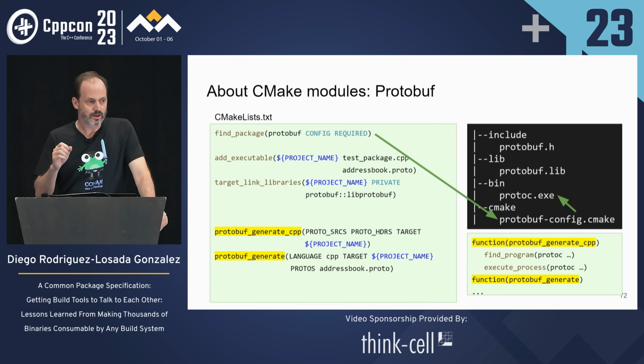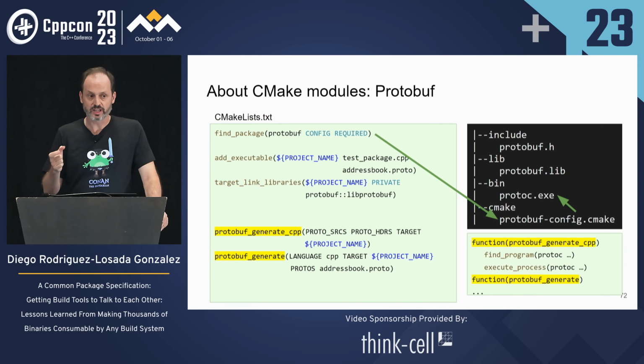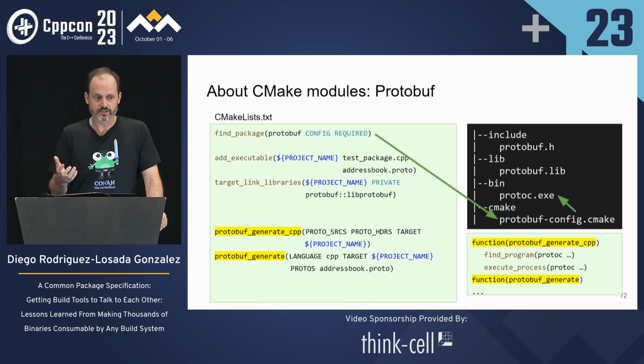And what is more important, these config CMake functions find the program proto-C, because they are basically using the proto-C executable to generate code. They are calling proto-C to do something. And this is super useful. It works great.